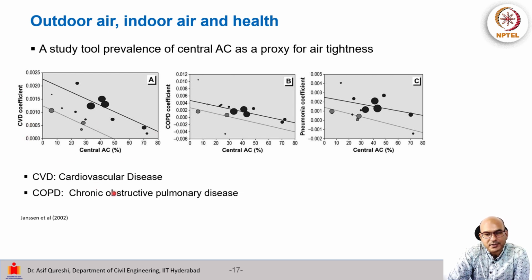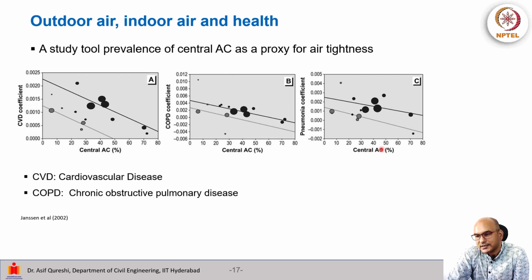Let's see for chronic obstructive pulmonary disease. Here again we have central AC coverage from 0 to 80%, and again we see some decrease in the COPD coefficient as well, which means the more airtight the building, there was less COPD, which means less outdoor pollution coming in, less COPD. Now let us see central AC percent and pneumonia.